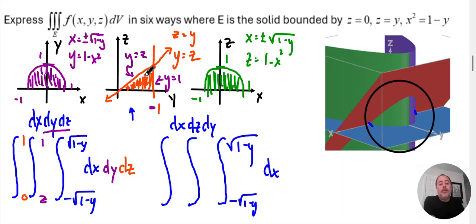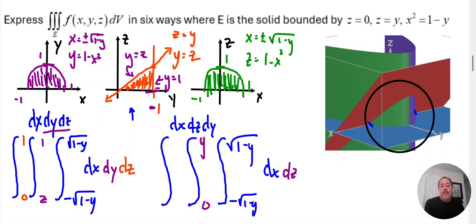Then what we're going to do now is find the equations for dz. So we want what z is equal to. Since z is the top one, we're going to go the top curve minus the bottom curve. So our top curve is z equals y, so the top bound will be y. And then the bottom curve is going to be z equals 0. So we're going to make that 0.